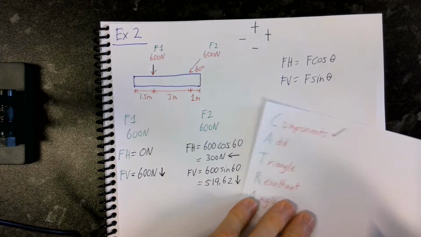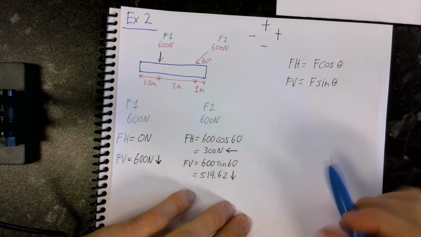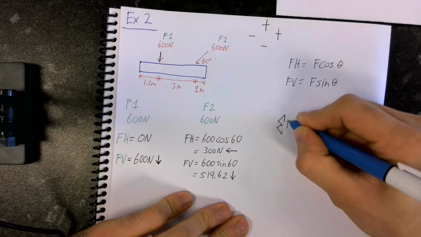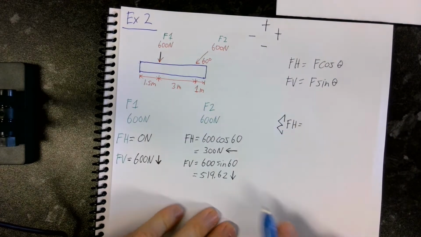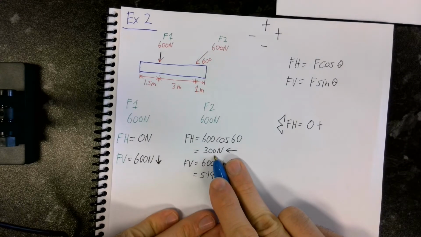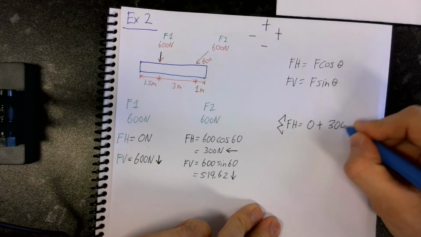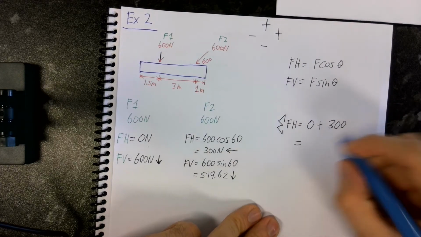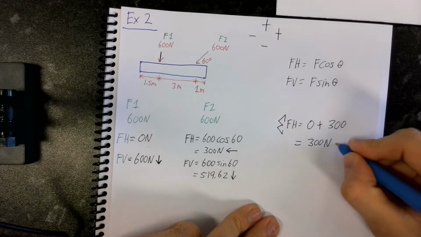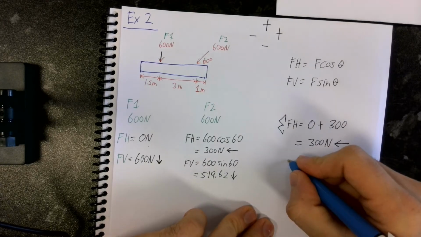Okay, we've done that. Our next step is to add. So we're going to add it over here. So put in a little add symbol for force horizontal. Now we're just adding them up. So 0 plus 300 newtons, which we know is a negative, so we go 300, is equal to 300 newtons, negative still, arrow to say yes, that's a negative 300. Okay, total for force vertical.